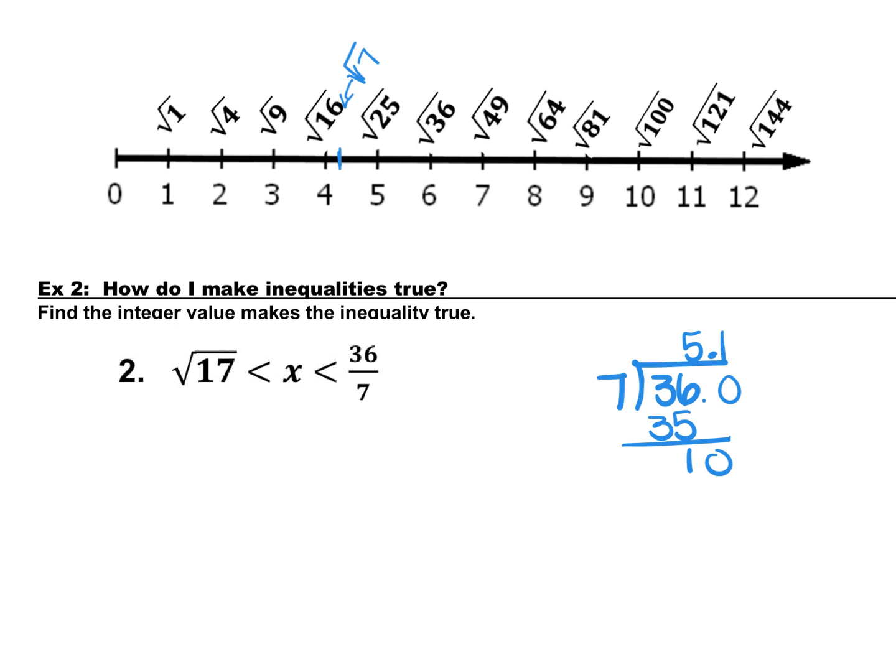So notice that 36 all over 7 is just a little bit bigger than the 5. Now notice which integer value is between these two values, and right here you've got the number 5. So our answer, the integer, positive or negative whole number, is 5.